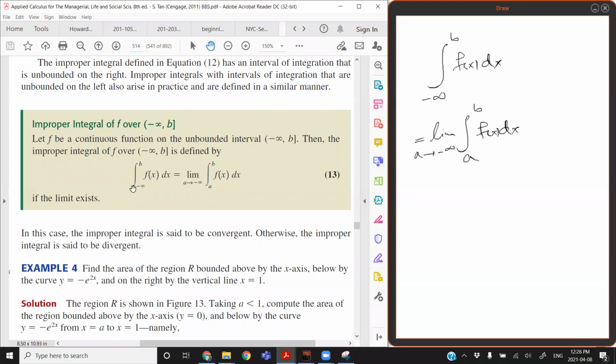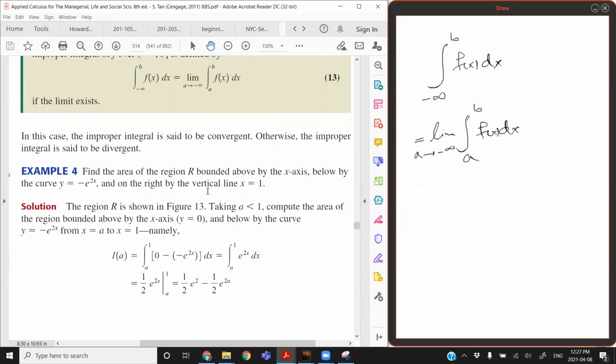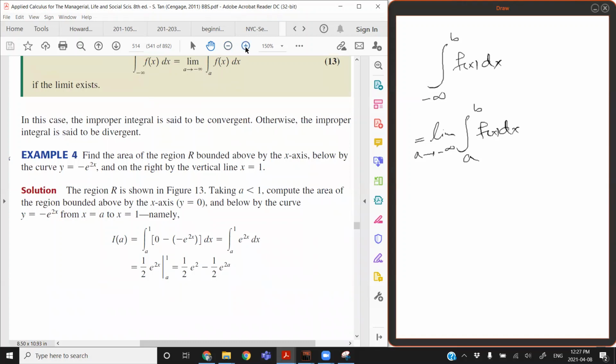So we replace minus infinity with a. Now we're dealing with an ordinary definite integral, which we can calculate in terms of a. And then we take the limit of that definite integral as a approaches negative infinity. So let's use it for this example here.